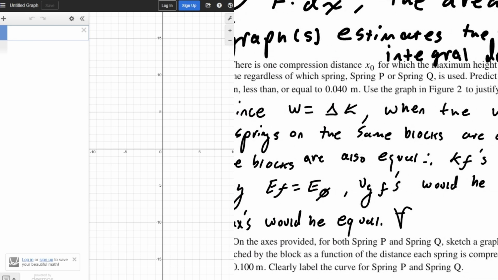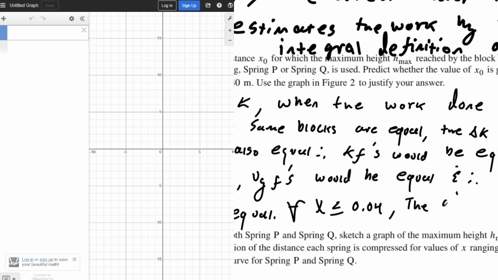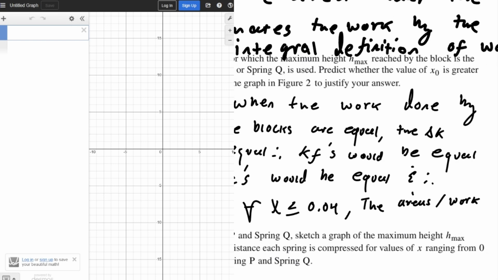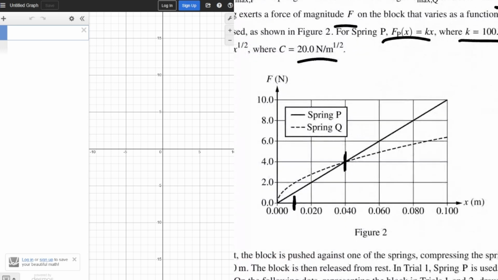And then we're going to say, for all x less than or equal to 0.04, the areas slash work are not equal. And that is true because if we look up here, this will always have this little edge up on this triangle, which is the other graph.